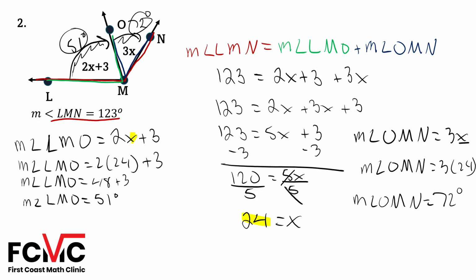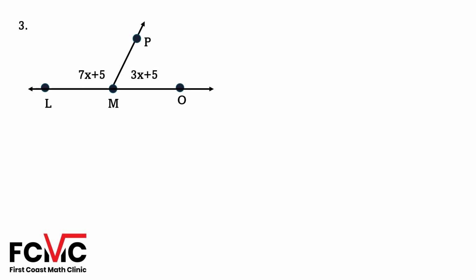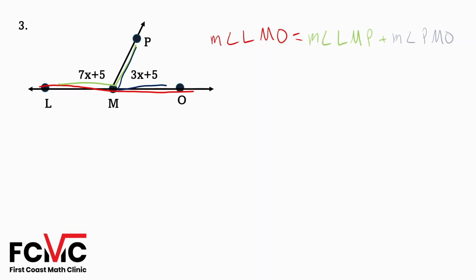All right, let's do one more example. Number 3, we've got a straight angle here, LMO. So our measure of angle LMO, our larger angle, equals the sum of the two smaller angles. So it's going to be LMP plus PMO. Now, since we have a straight angle here, we know that we have 180 degrees.